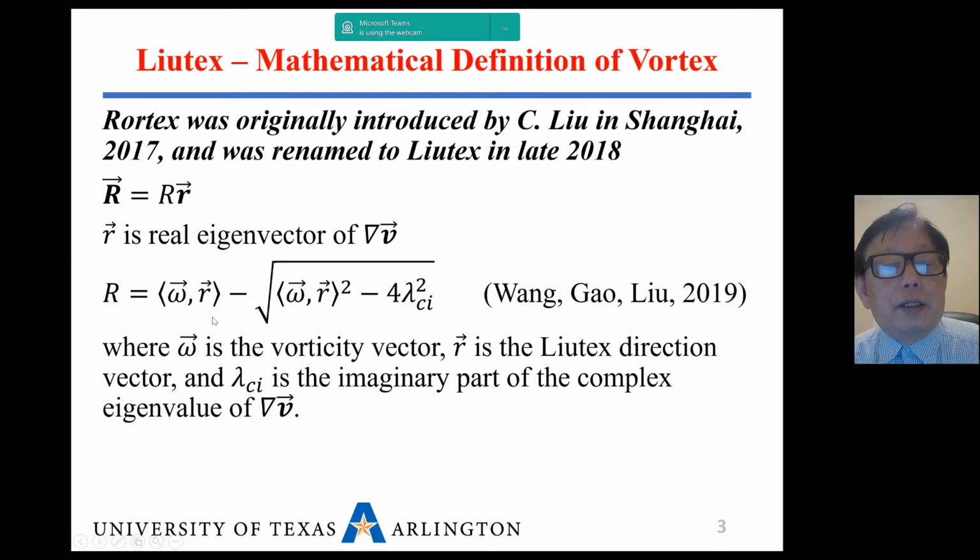Here, omega is the vorticity, and r is the real eigenvector of the velocity gradient tensor. Lambda Ci is the imaginary part of the complex eigenvalue. This formula was given by Wang and others in 2019. Wang is the chairman of this workshop.